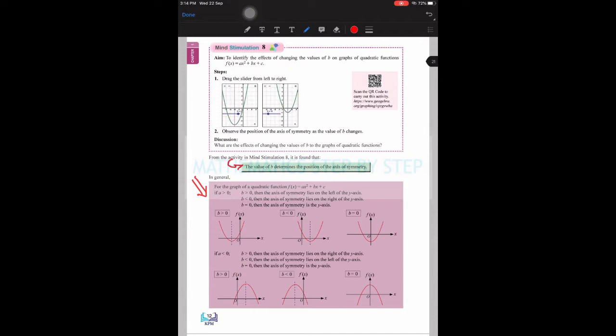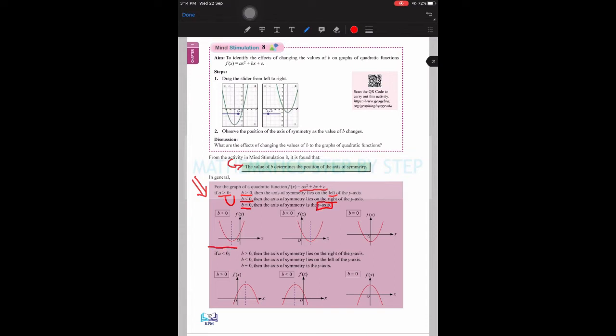For the graph of a quadratic function f(x) equals ax squared plus bx plus c, if a is greater than 0, it is a smiley, okay? If a is greater than 0 and b is greater than 0, the axis of symmetry lies on the left of the y-axis. If a is positive but b is negative, the axis of symmetry will be on the right of the y-axis. And if b equals 0, the axis of symmetry will be the y-axis itself, okay?